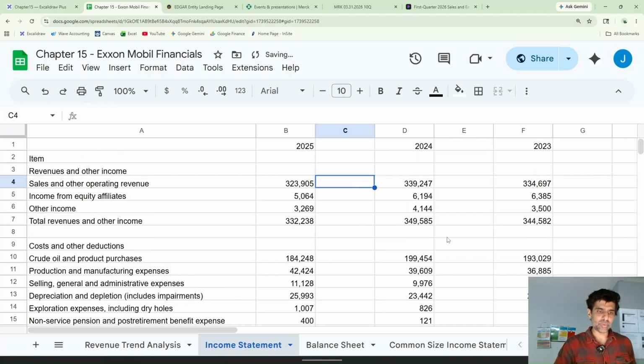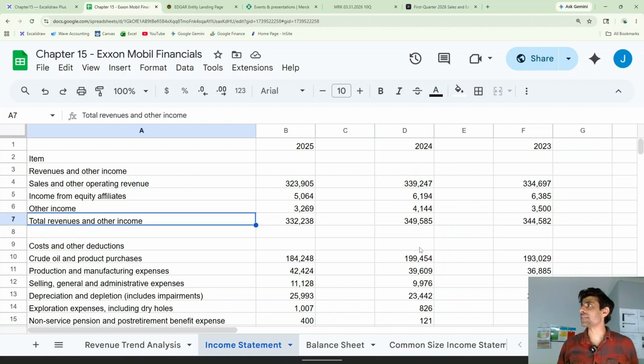We will first do a vertical analysis. So what is a vertical analysis? Instead of going across years, we now take one year and do an analysis going up and down. What you will usually do is use your total revenue as the basis.